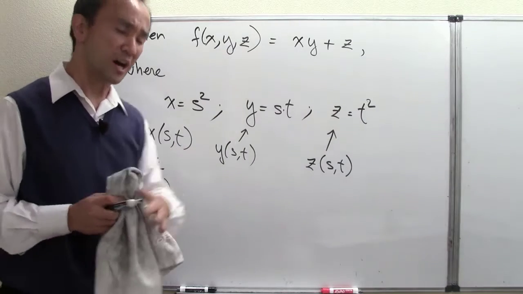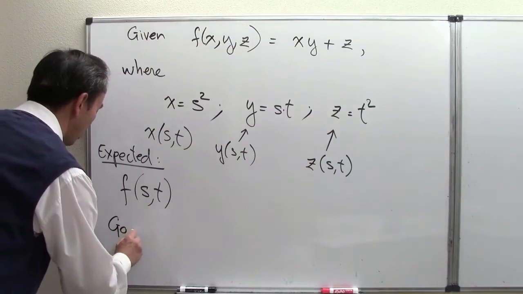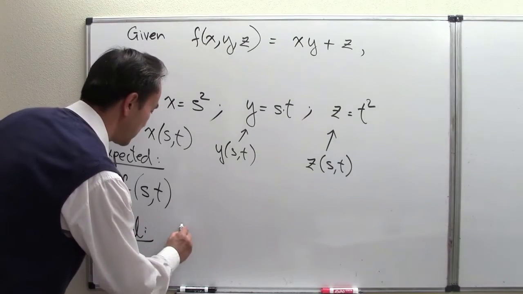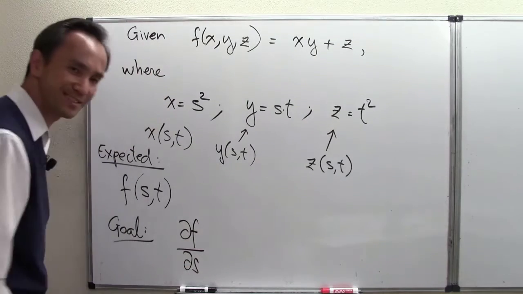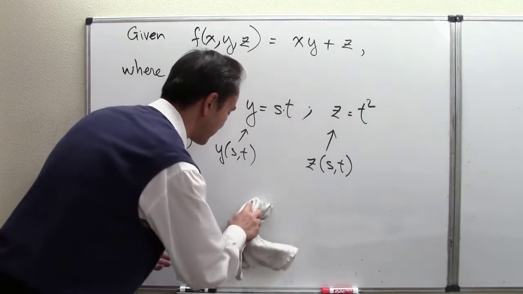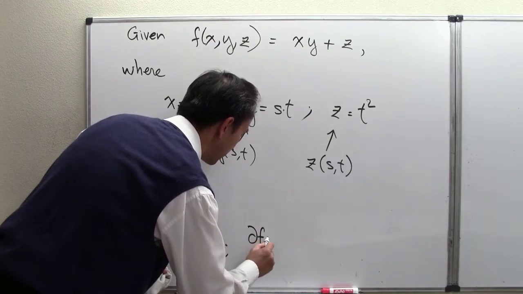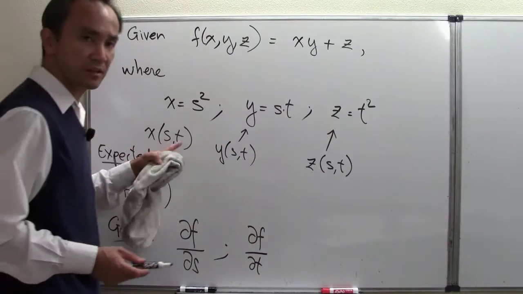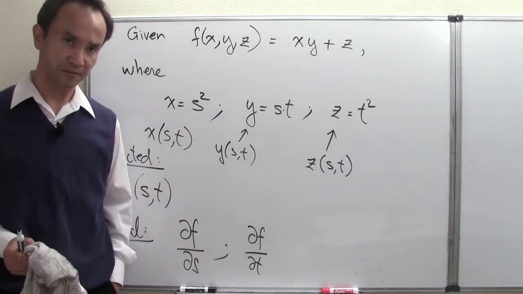And so that's why we are now asked, as our goal here, can we obtain the partial derivative with respect to s, and the partial derivative of the function f with respect to t, because s and t are the two final variables involved in our function f.